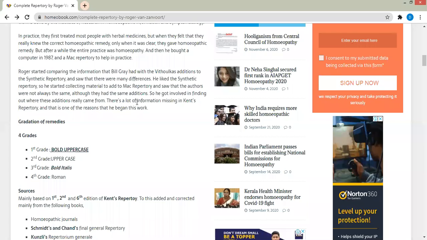There is a lot of information missing in Kent's repertory, and that is one of the reasons that he began his work. He found much new information in the synthetic repertory as well as in its additions which was missing in Kent's repertory, but he could not find from where the authors had collected that information.